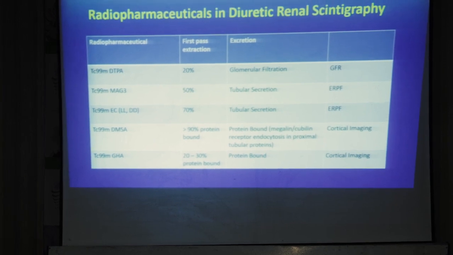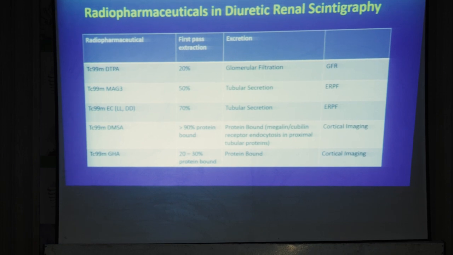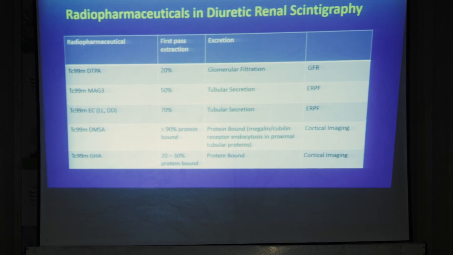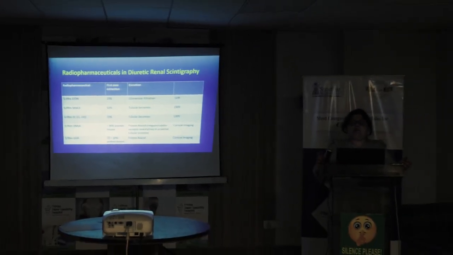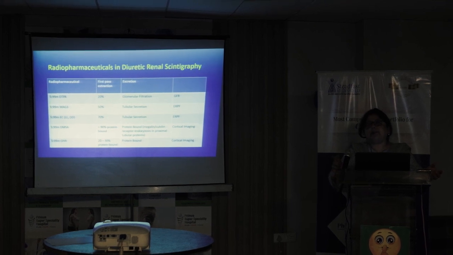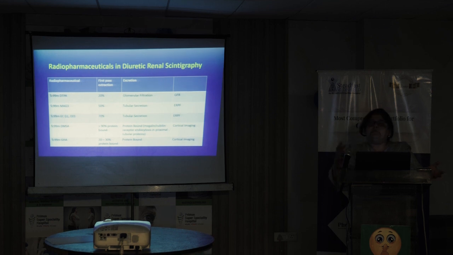These scans are usually done for the evaluation of any obstruction, also to look at glomerular filtration, for transplant evaluation, to assess renal function prior to a renal transplant in a renal donor, and to look for any renal scarring in cases of UTIs. We will come to the indications.